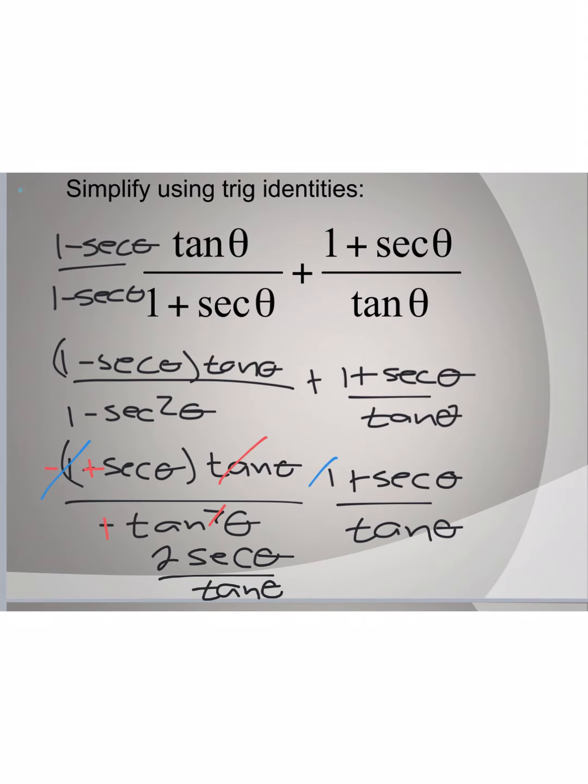So what that ends up being is 2 times 1 over cosine times cosine over sine. My cosines are going to cancel. So now I have a 2 and I have a 1 over sine. 1 over sine is the same as cosecant. So I now have as my final answer 2 times the cosecant of theta.